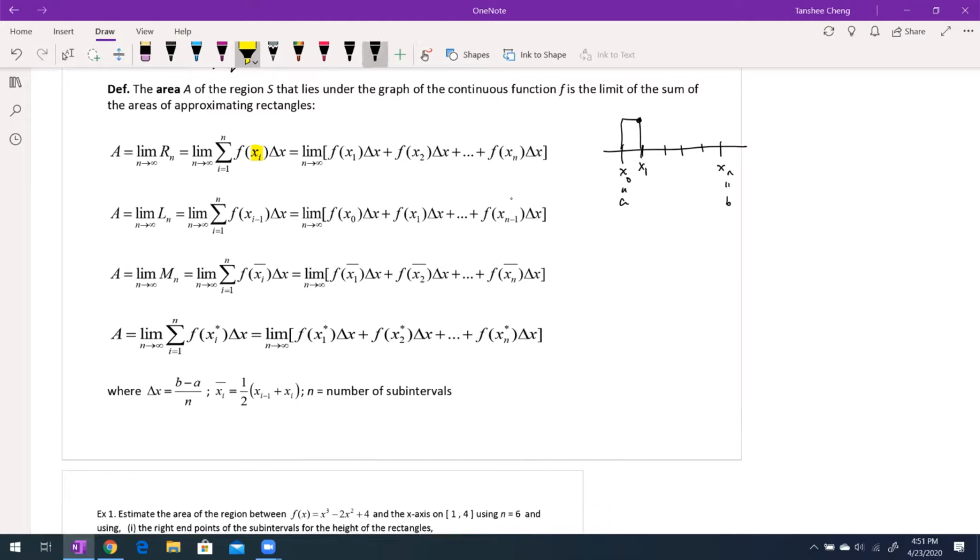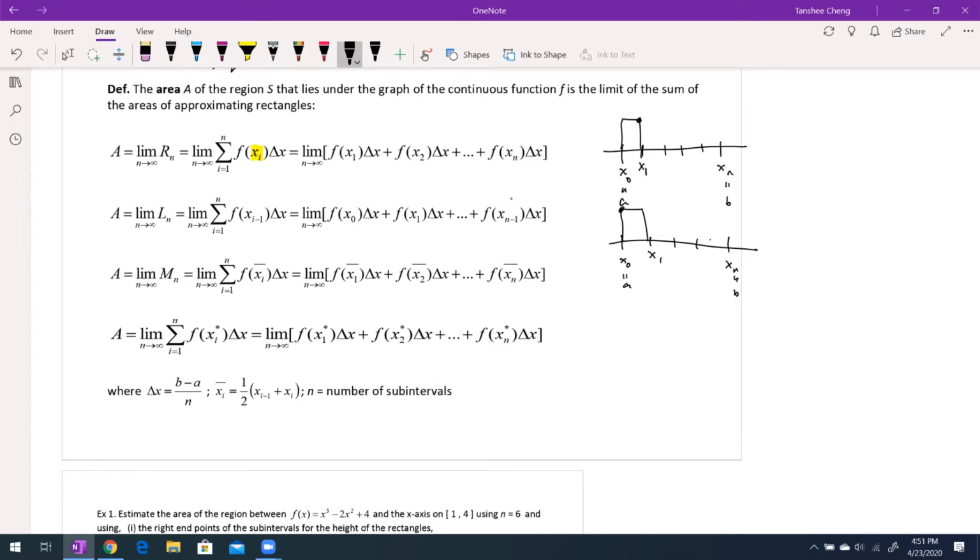If you are starting from the left hand approximation, this is my interval, and you use the left hand point as the height to approximate, then you are using x of 0. So how do we write it?